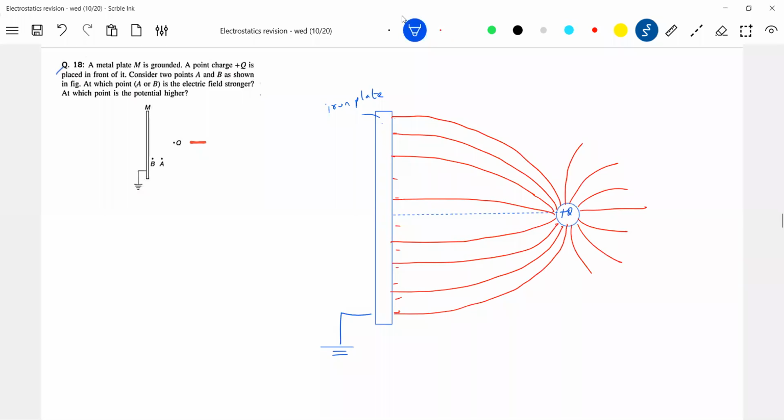This will be the lines of force. Okay, the induced charge.